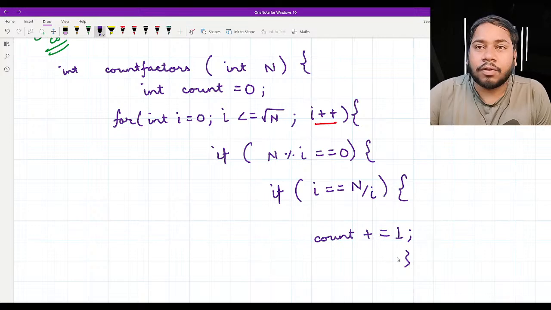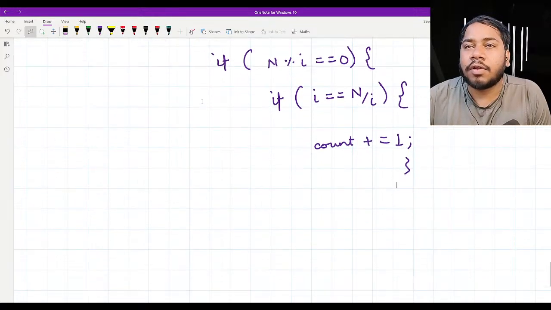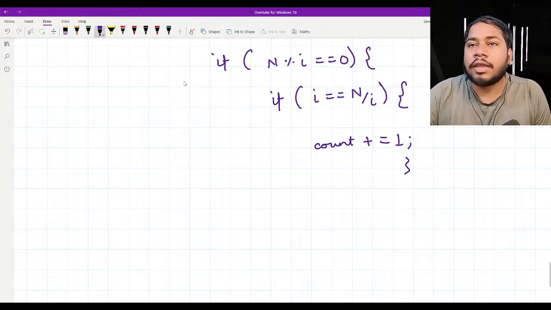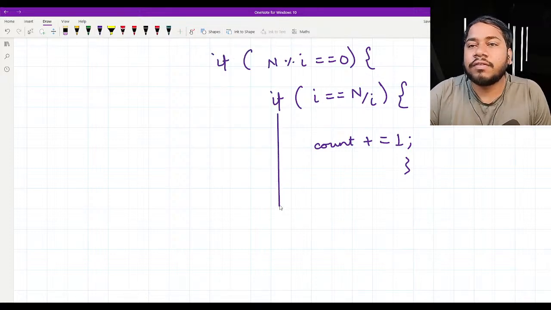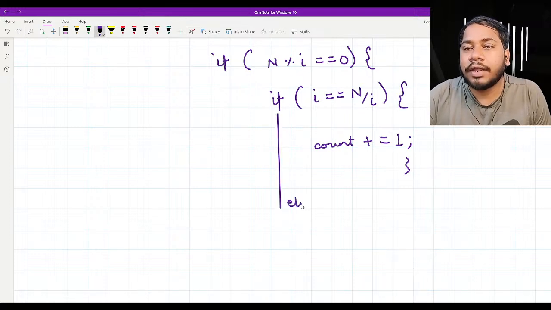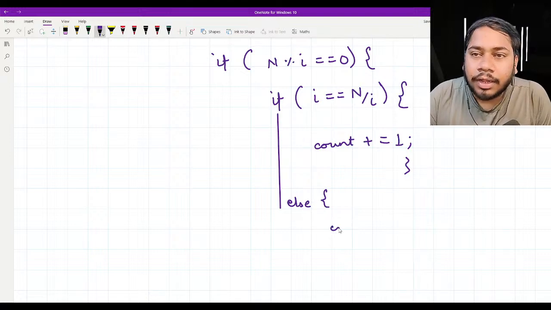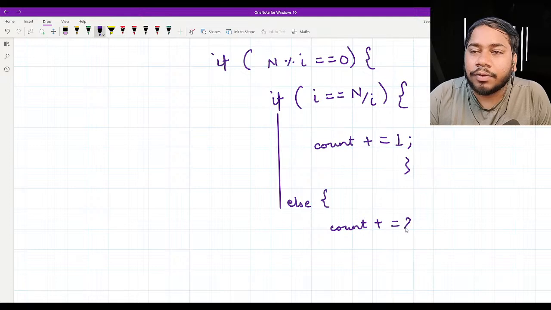And if that is not the case, then we will write else. And in that, we will write count plus equal to 2.